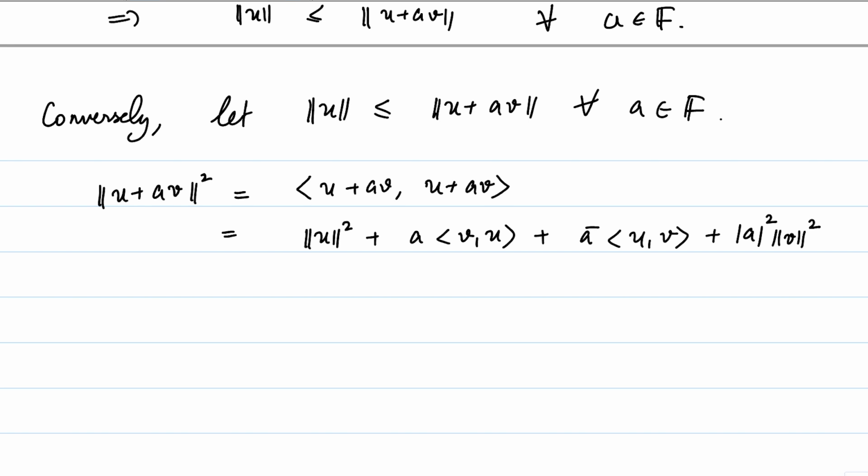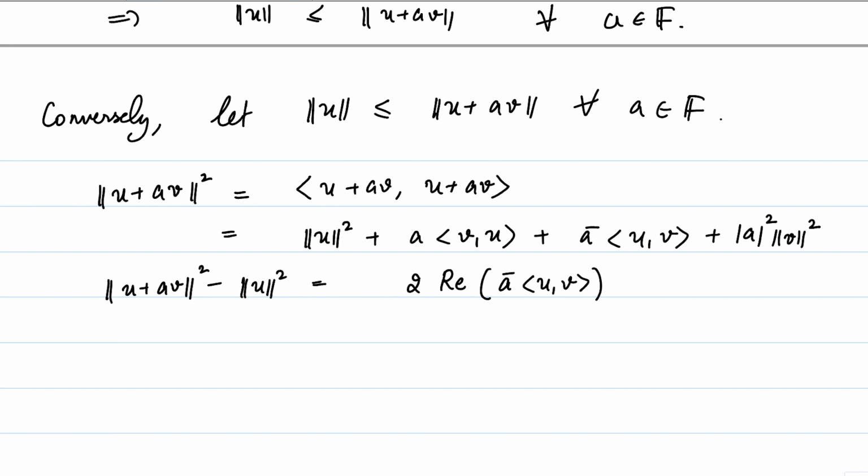So let's look at the length of u plus av squared minus the length of u squared. That is equal to a times v comma u plus its conjugate, so let me just write this as 2 times the real part of a bar times u comma v. Why is that the case?